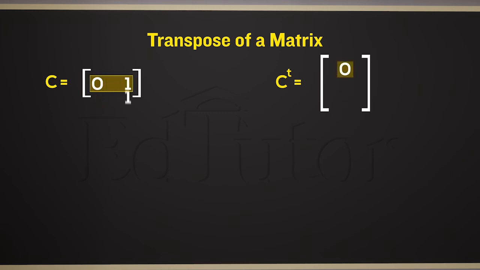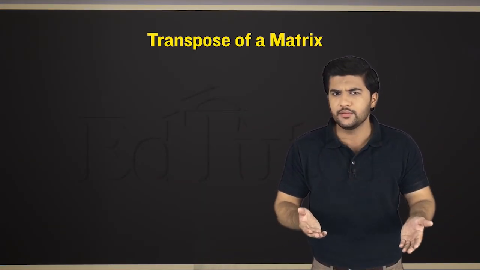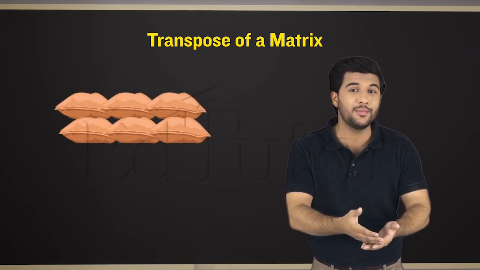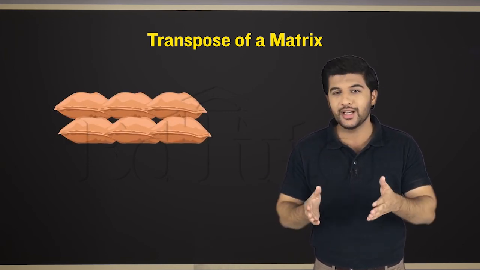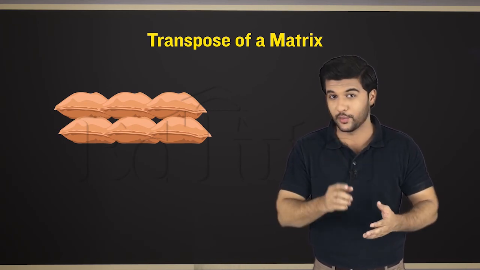The second column becomes the second row. Pretty neat, right? Well, that's how we get the transpose of matrix C. But if you don't like this method, just go on and use the sandbags method instead. You'll get the same result either way, whatever floats your boat.